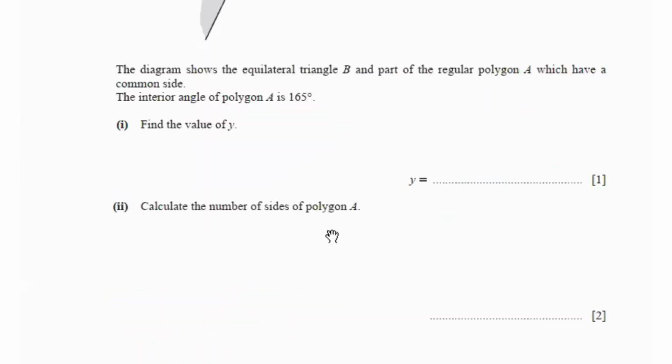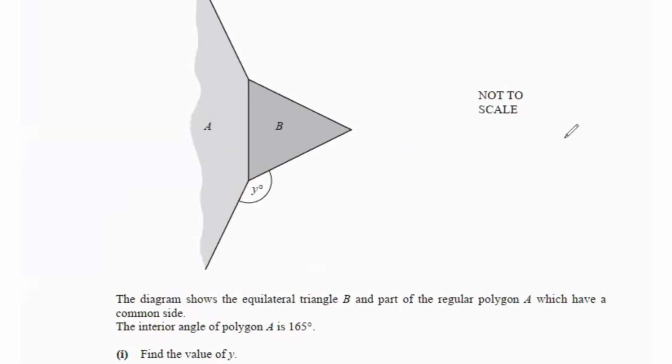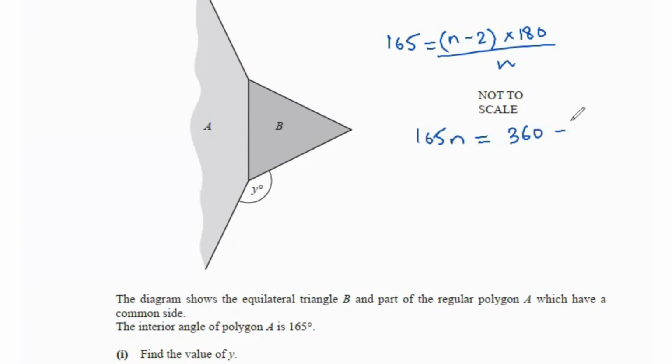Then calculate the number of sides of polygon A. For the number of sides of polygon A, we have the interior angle, which is 165. So 165 equals n minus 2 times 180 over n. So we will do 165n equals 180n minus 360.